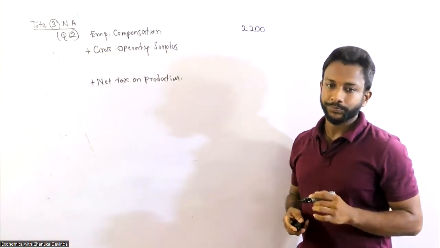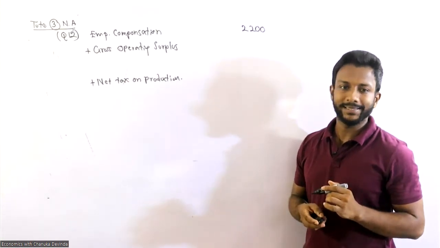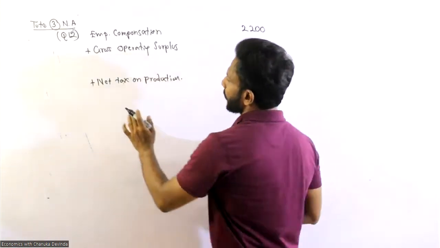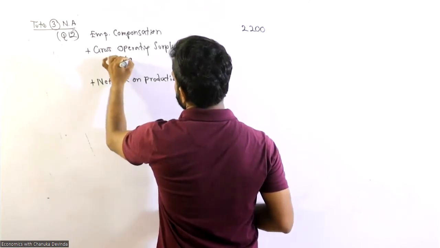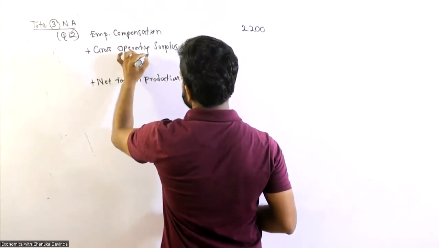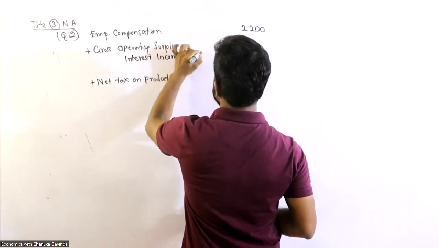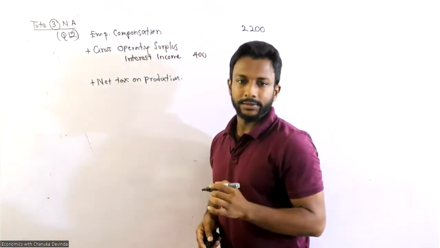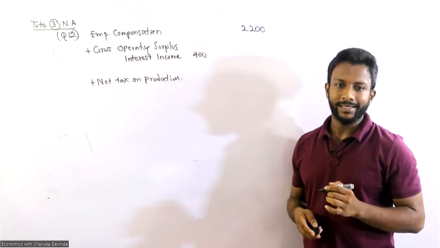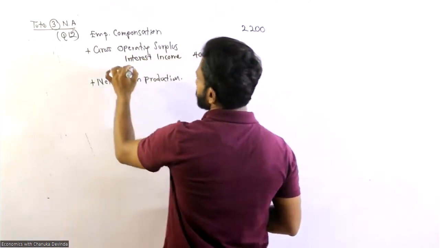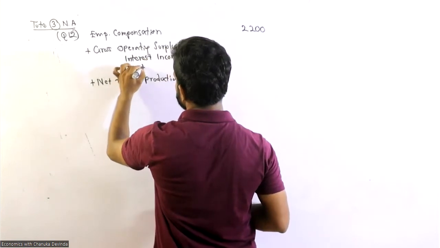And then gross operating surplus consists of interest income, here 400. What is rent income also there?